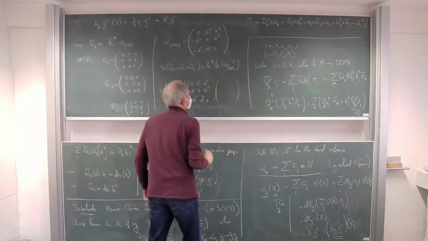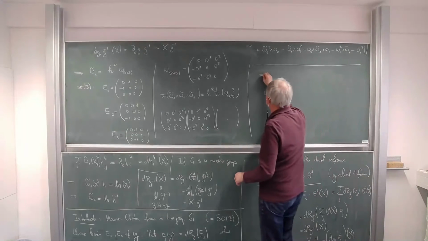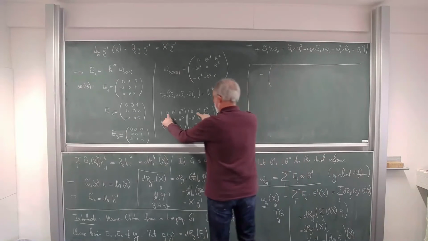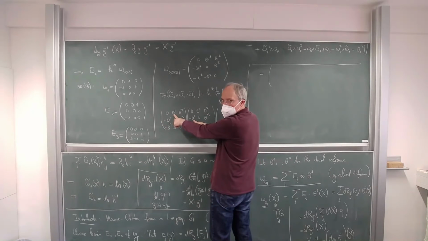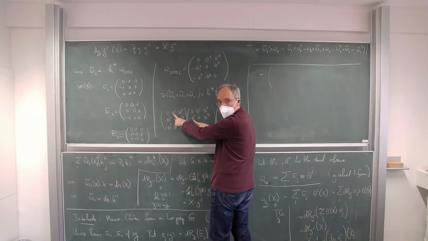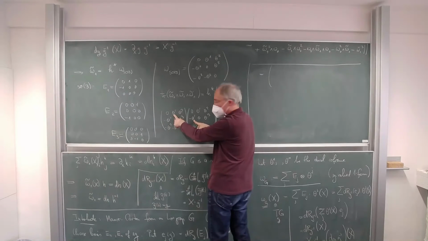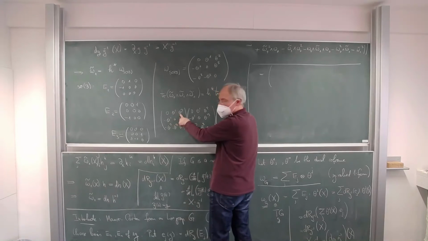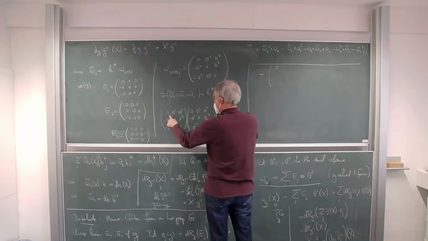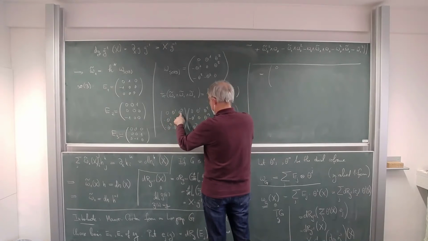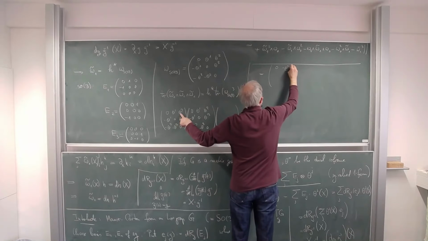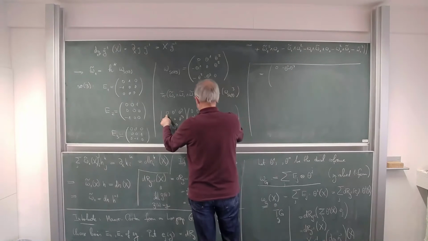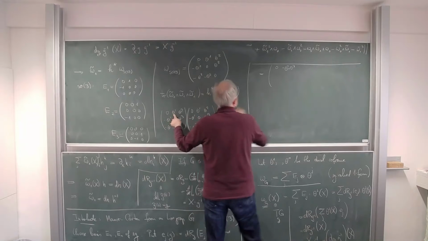Okay, that's 0: theta 1 times theta 1 is 0. It's a scalar valued one form, and when you square a scalar valued one form, I get 0. And theta 2 squared is also 0. So 0, 0, and here I have theta 2, minus theta 3, minus theta 2, theta 3, 0, theta 1, theta 3.